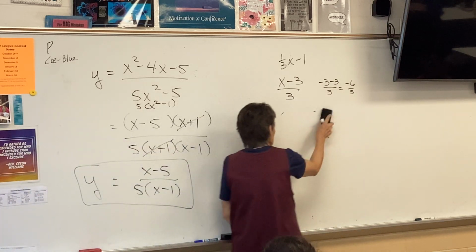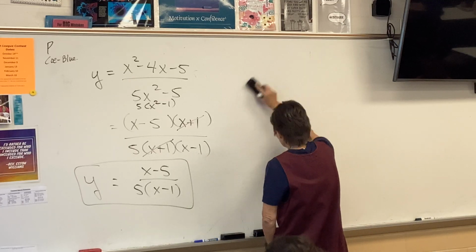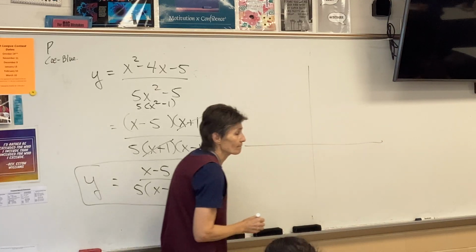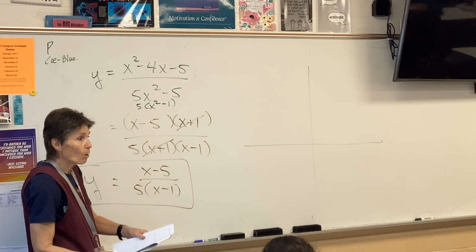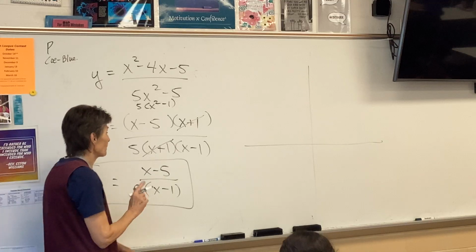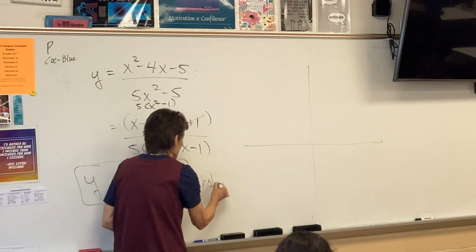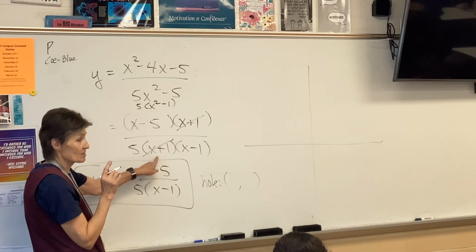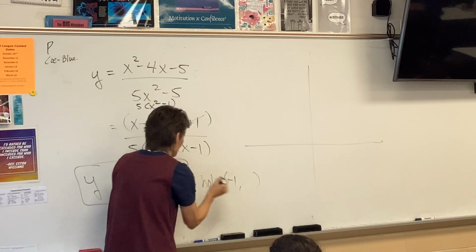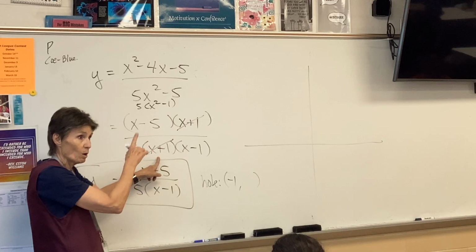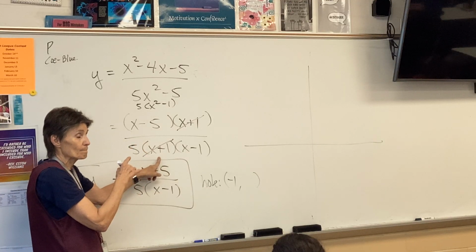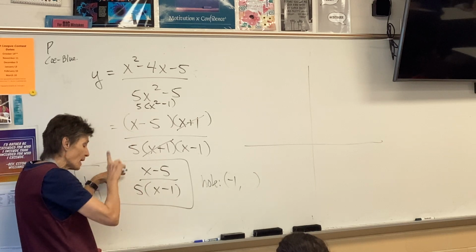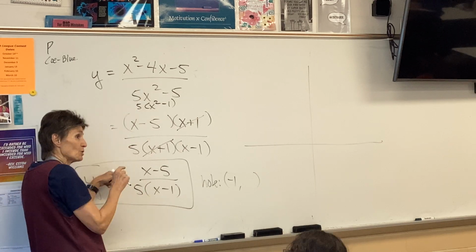So everybody catch up. Can everybody follow to that point? Before I forget, I'm gonna plot my hole. Now where will it be? Negative 1. The x will be negative 1. Plug that in right here. Do not try to plug it into the original because it won't work.